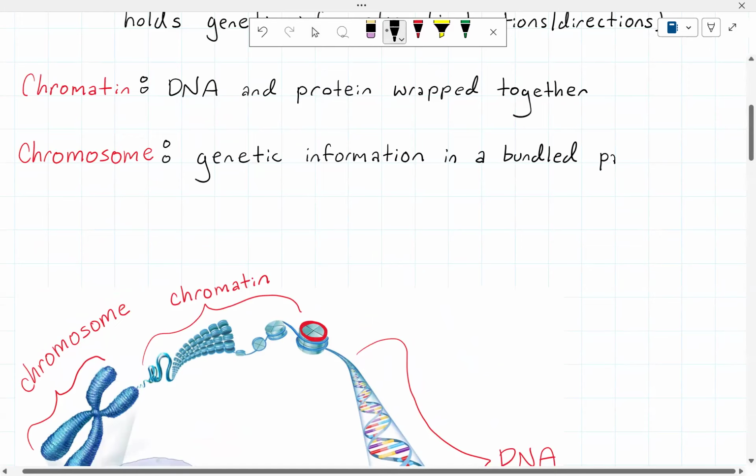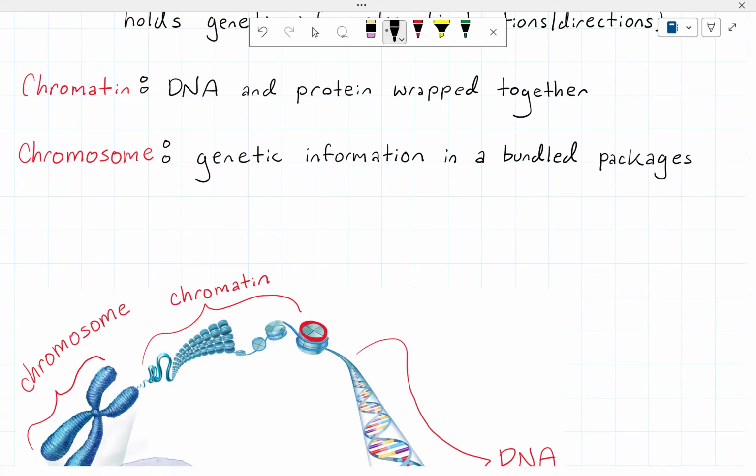So instead of having all of that DNA just floating about, not really having any structure, we condense it into chromatin, which then condenses into that chromosome, which is how that DNA therefore becomes organized. And we are able to identify it in different ways, which we're going to talk about in our next video.